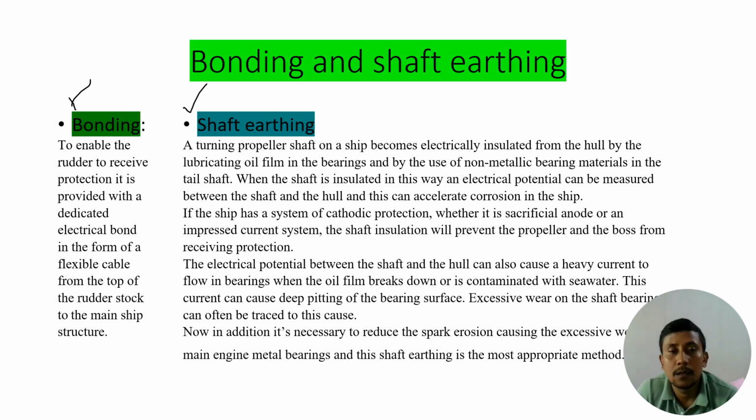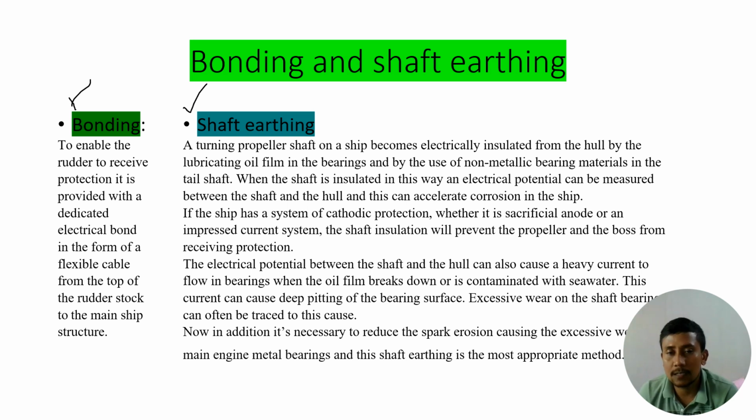And now what is the shaft earthing? There are mainly three reasons for the shaft earthing on board ship. When a propeller is turning, a lubricating oil film is created around the shaft. As we know, we have a stern tube lube oil system on board ship.